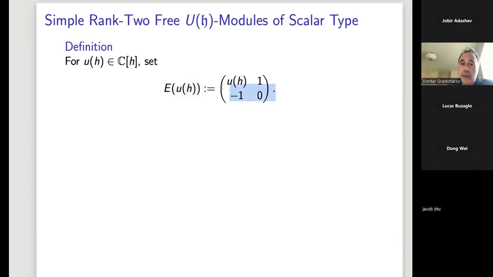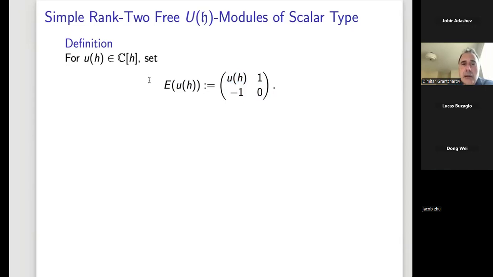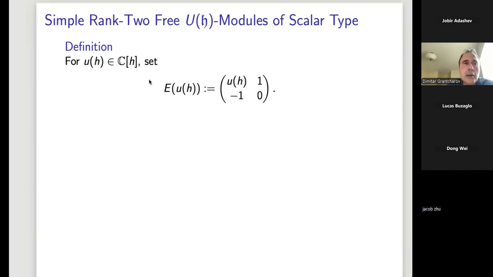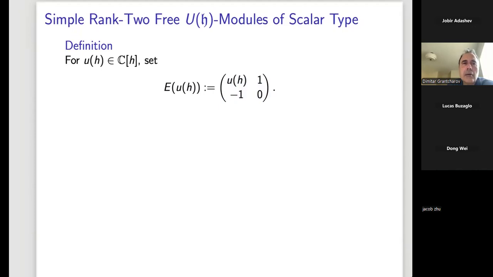The price we pay is that our elementary matrices, in a way, the ones that we build the decomposition on, are of this type. So these are matrices with determinants 1, right? U of h itself is arbitrary polynomial, and so challenge.